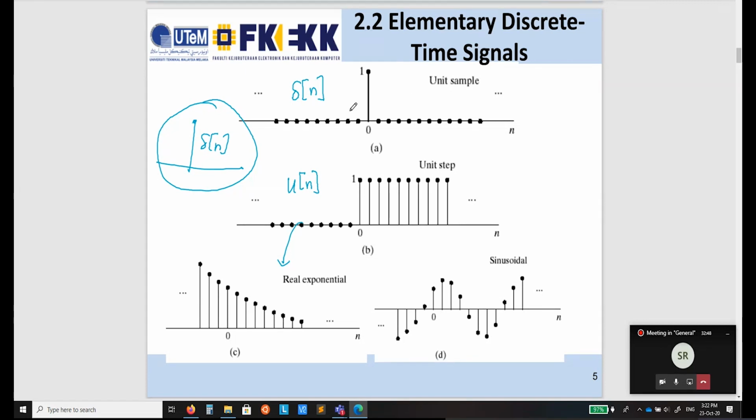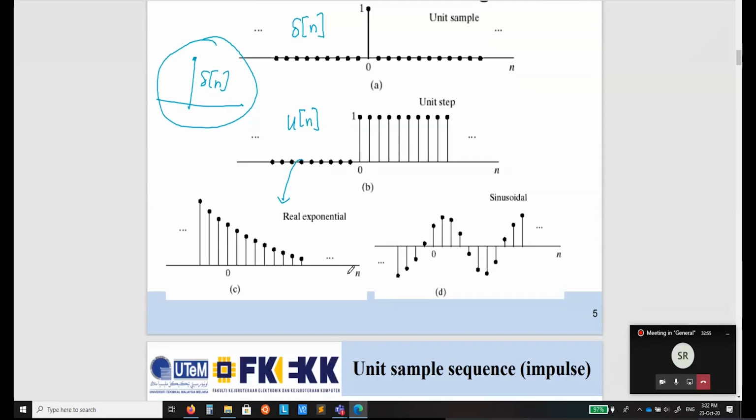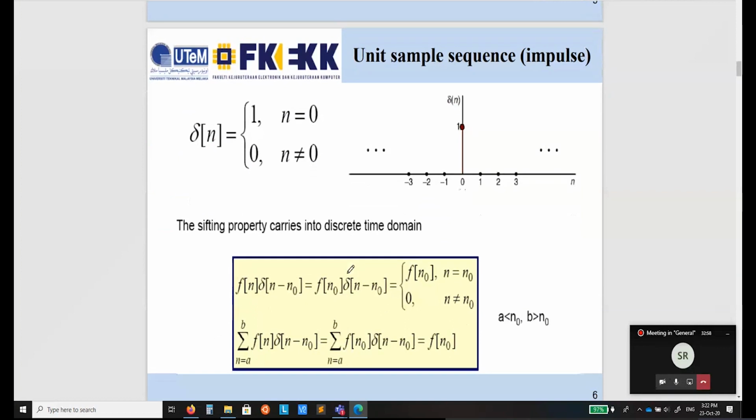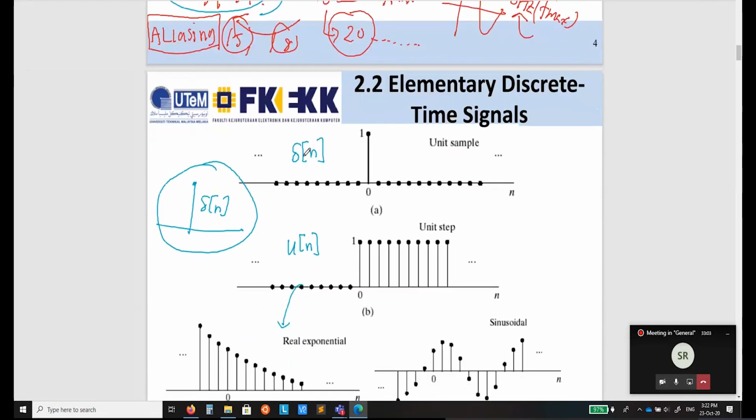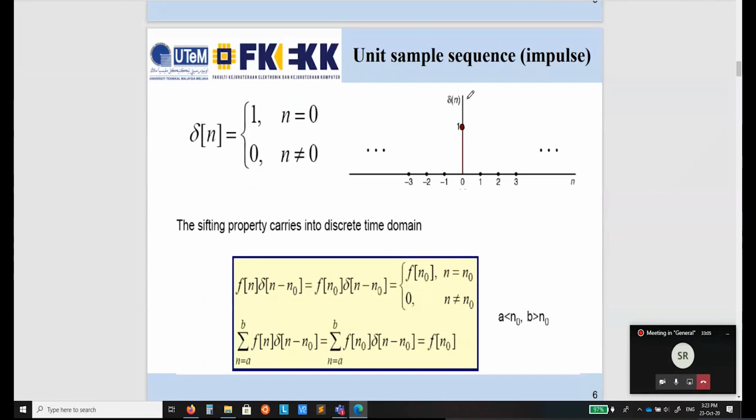Basically in signals, normally we call the unit sample the delta function. Okay, nice. Now coming to the idea of delta just now. Here we also need to change this, right? The 1 only happens at 0 and the rest will be 0. So meaning hanya satu je tempat ada nilai di n.